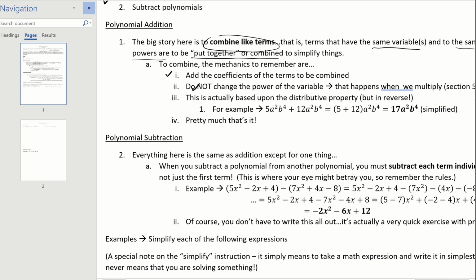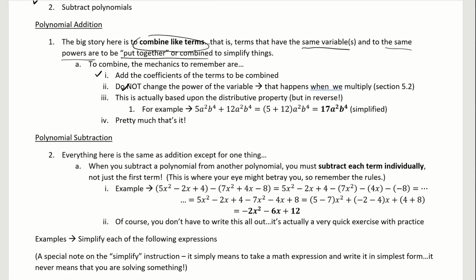Oops. Okay, I better not lean over there. So let me get rid of that guy. Never change the power. Okay, when you change the power, that's when you multiply over here. This is actually based upon the distributive property, but in reverse. So if someone says, I want you to simplify this, what you do is you combine the terms, because notice it's a squared b to the fourth, a squared b to the fourth.